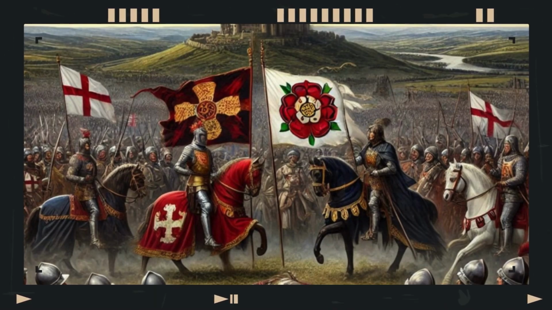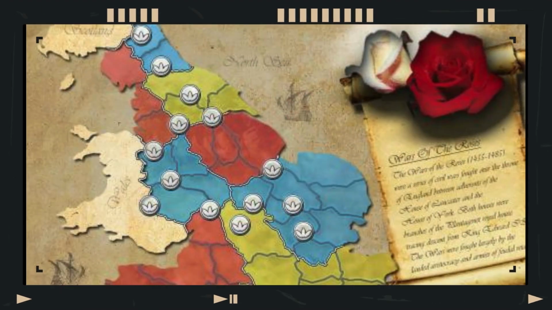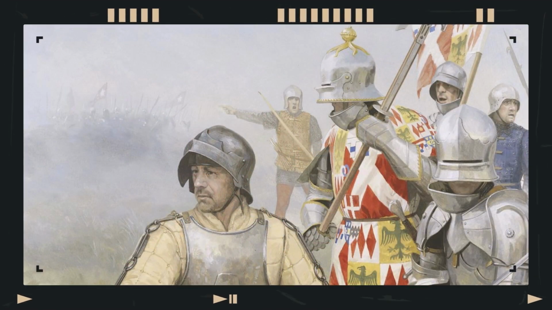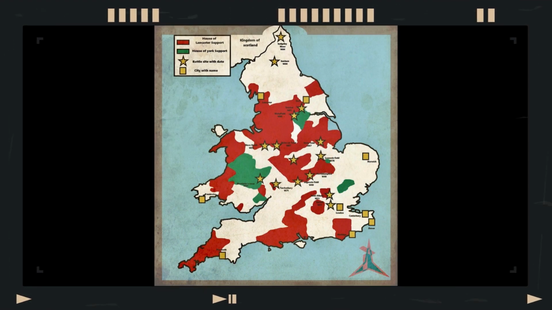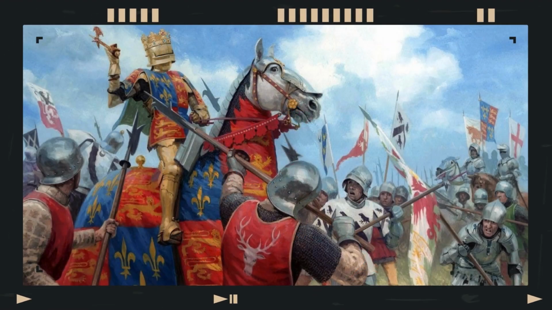During the reign of the Tudors, England underwent major political, economic, and cultural transformations, including the Protestant Reformation and the rise of the absolutist monarchy. The war demonstrated the dangers of dynastic strife and the chaos that could be unleashed when the personal ambitions of nobles came before the well-being of the kingdom.